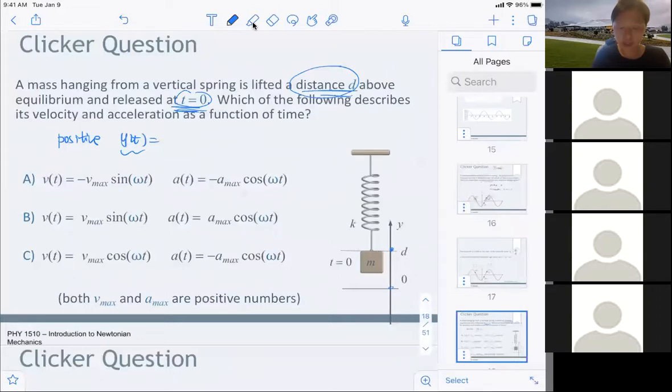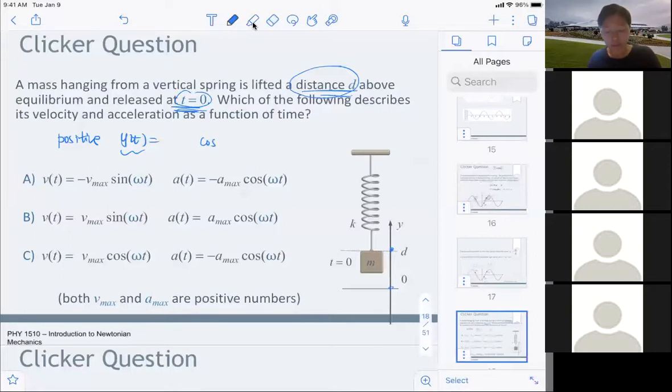First of all, do I need a cosine or do you want to use a sine function? For position? Yes, for position. Probably a cosine function, just because it's the one we usually use.